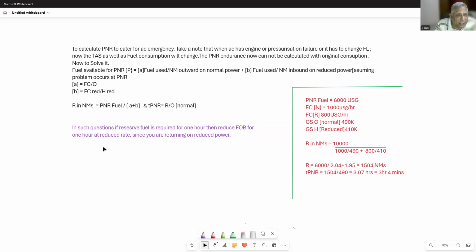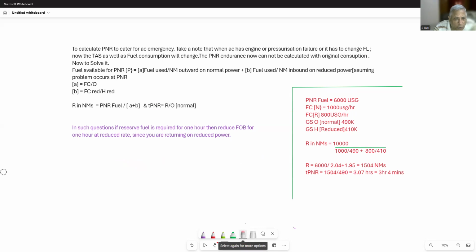But in this case, in case you are coming back on reduced power, the total fuel available will be the fuel on board minus reserves for 1 hour or 2 hours, whatever you are required to maintain, on reduced power. Because we are now coming back on reduced power, if we have to hold, this will be your fuel consumption on reduced fuel consumption.